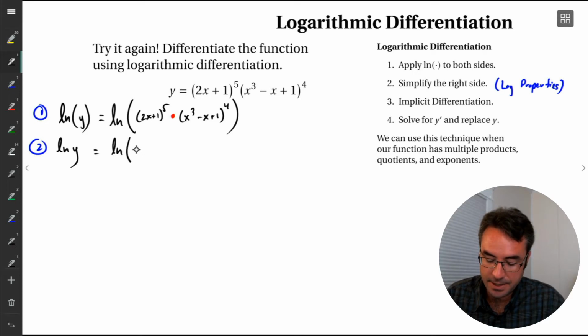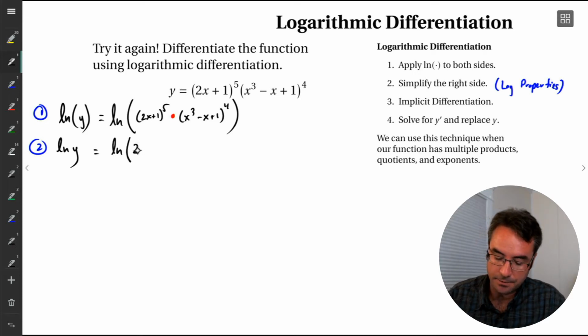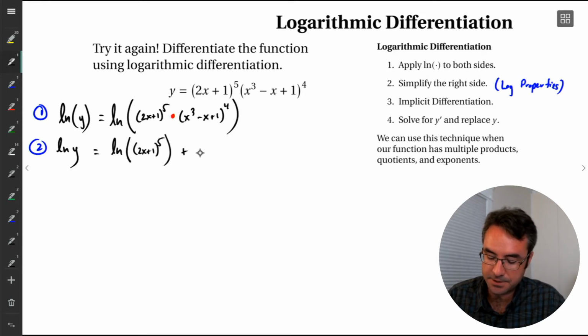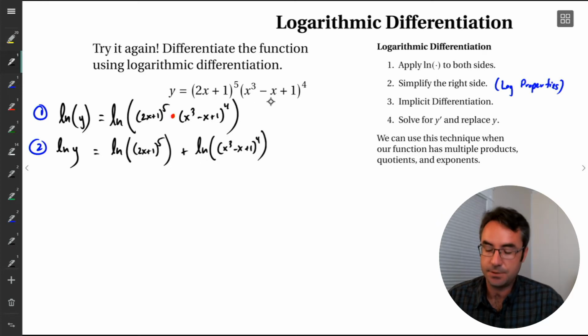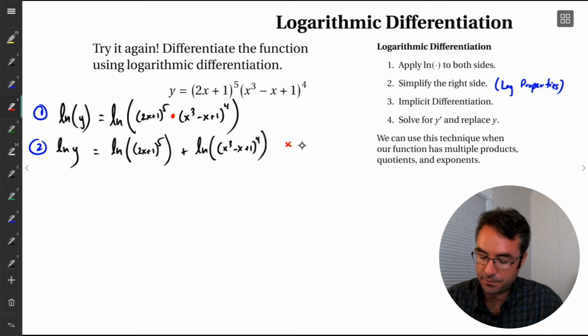So this becomes the natural log of 2x plus 1 raised to the power 5 plus natural log of x cubed minus x plus 1 raised to the power 4. So again, we use the property that allows us to convert the multiplication we have inside into addition outside.